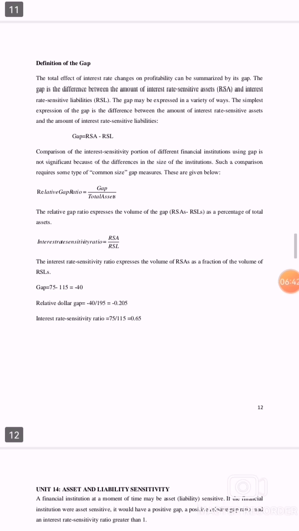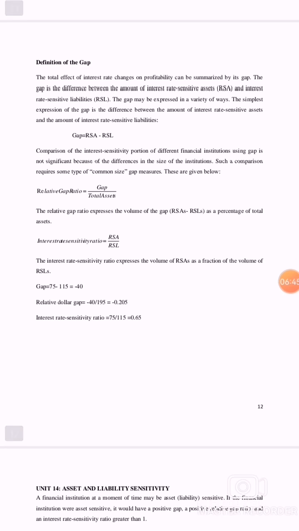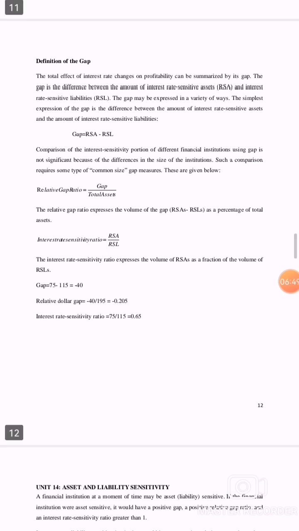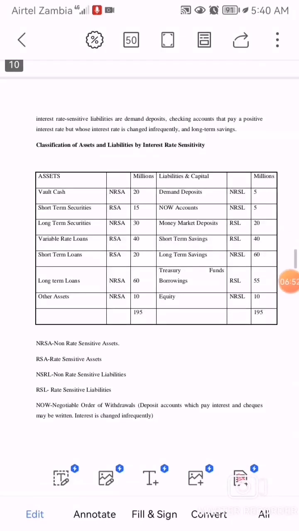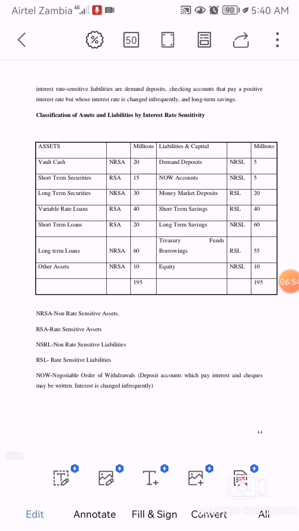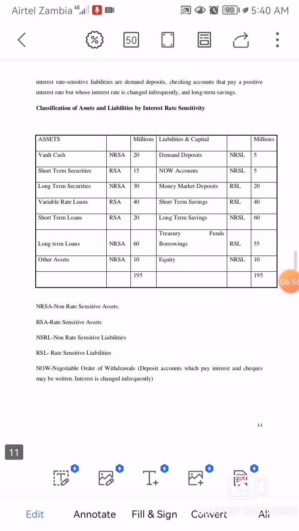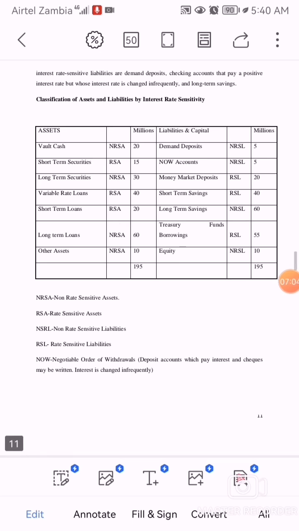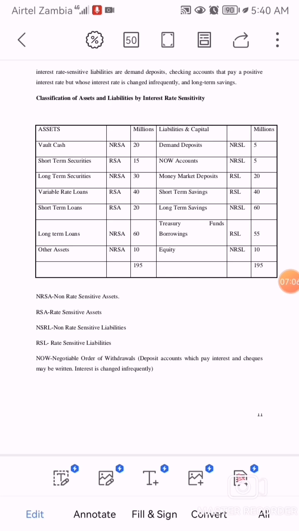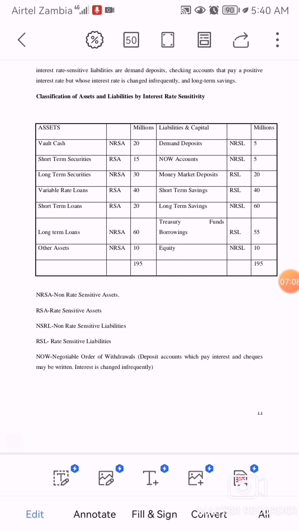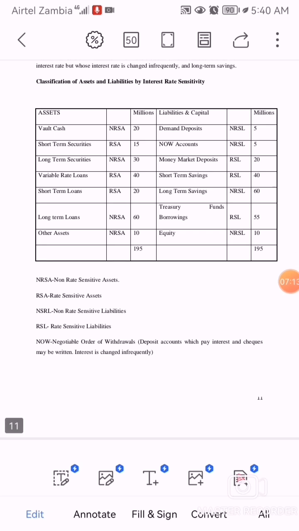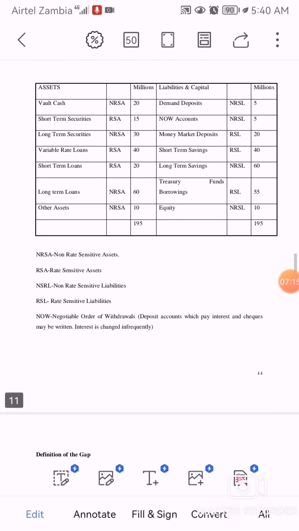Then we've got the relative gap ratio. When you find your first answer, the gap, you divide it by your total assets. Here, we are not trying to be picky or really precise. We haven't categorized the kind of assets that you need to go with for total assets. Instead, regardless of the status of the asset, whether RSA or NRSA, you get the summation of all the assets. In our case, when you add all the numbers, you have 195.